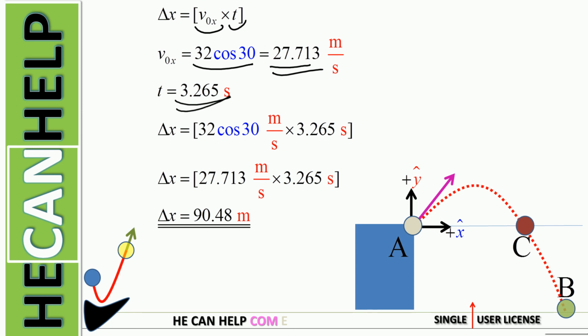Time we just found out, 3.265 seconds. Meters per second times seconds gives you meters. So that's 90.48 meters. What is the horizontal displacement between point A and point C? It is 90.48 meters.